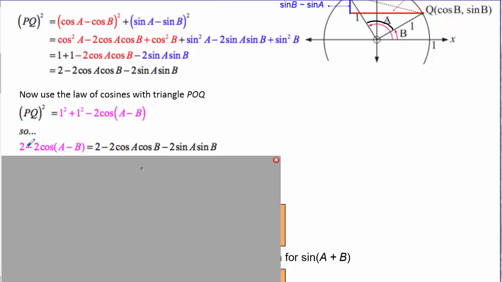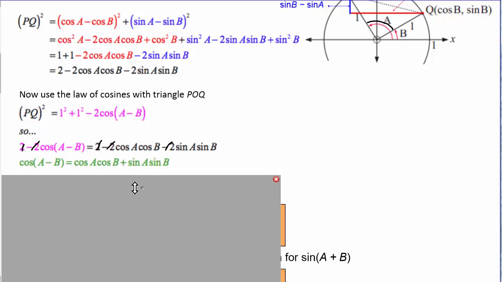I subtract 2 from both sides. That'll nix these things. And let's divide by negative 2. What the heck? Divide by negative 2. That goes away. That goes away. That goes away. And we get this really great formula, which is that the cosine of A minus B is given by cosine A cosine B plus sine A sine B. And that's a really important result that you'll use quite a lot.